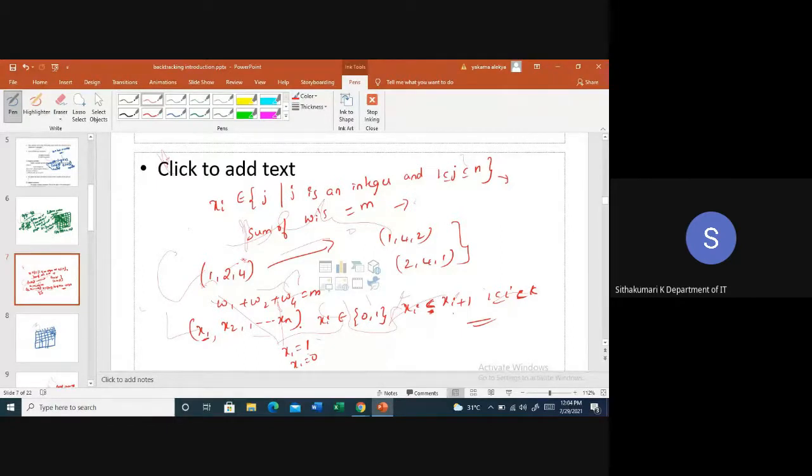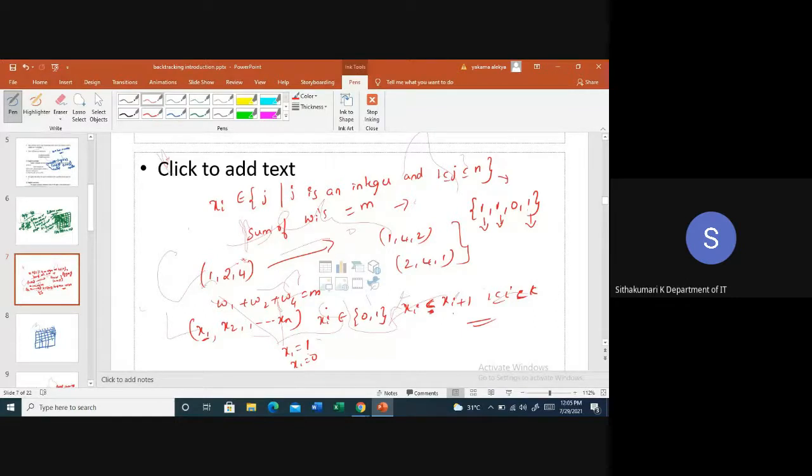So in the previous example, if you have 1, 2, 4 as a solution, we represent it as 1, 1, 0, 1. It means that w1, w2 and w4 are included. So x1 is equal to 1, x2 is equal to 1, x4 is equal to 1. With this, we can understand that for a particular problem, there can be more than one formulation.